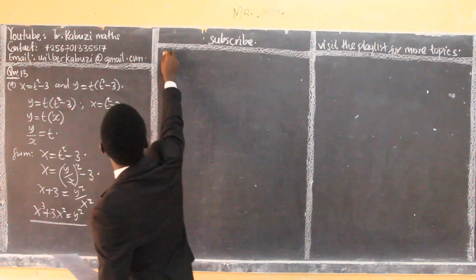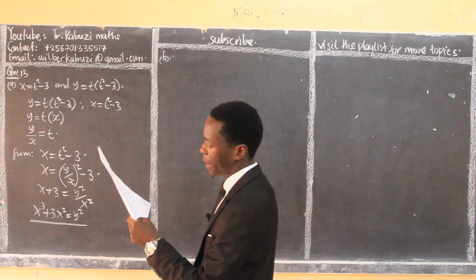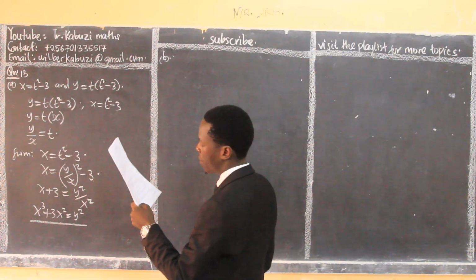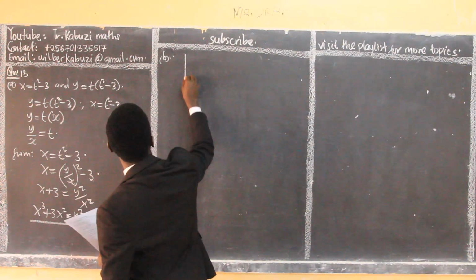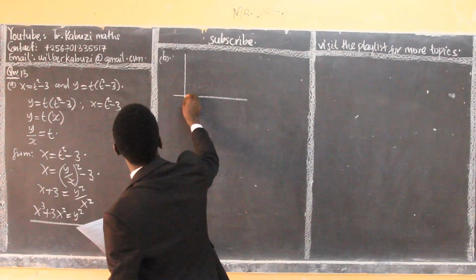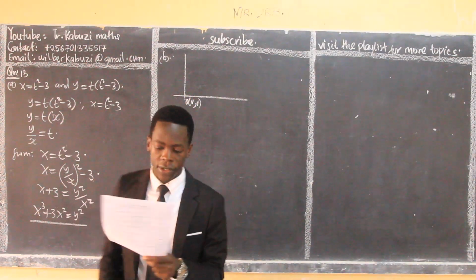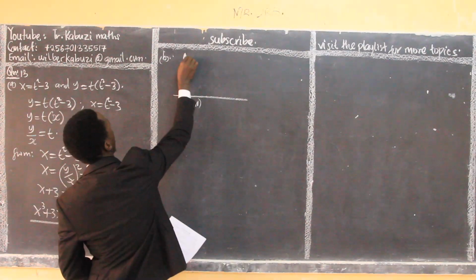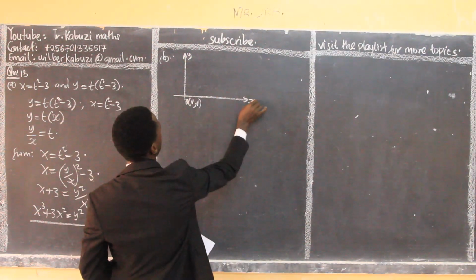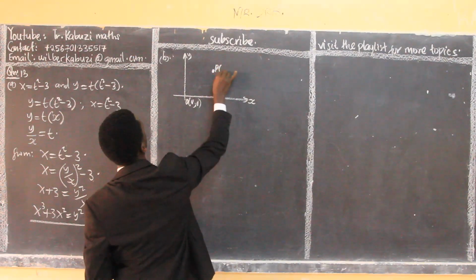When we come to part B of that question, they told us that a point P is such that its distance from the origin is 5 times its distance from the point (12, 0). You can draw a simple illustration. This is our origin O at (0, 0). This is our y-axis and this is the x-axis. We have a point P somewhere there.